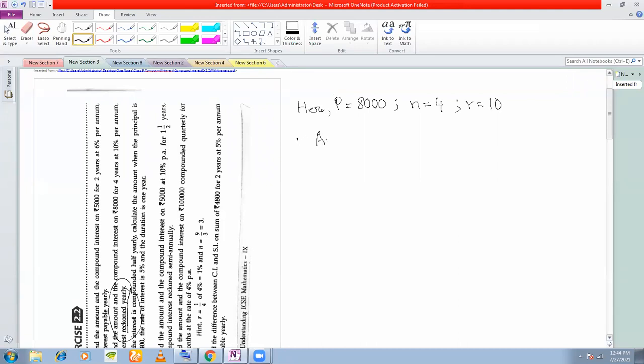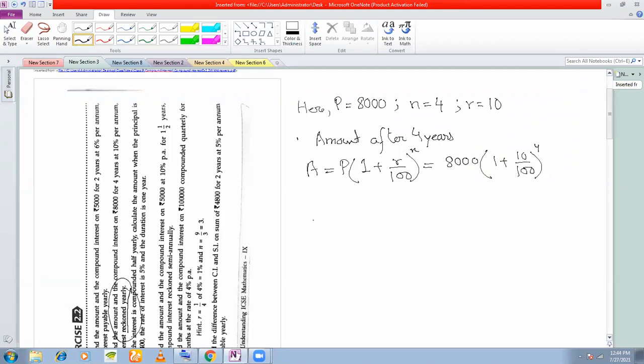So amount after 4 years: A is equal to P into 1 plus R by 100 to the power of N. 8000 into 1 plus R by 100 to the power N.